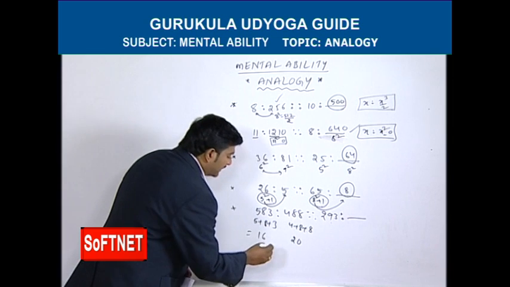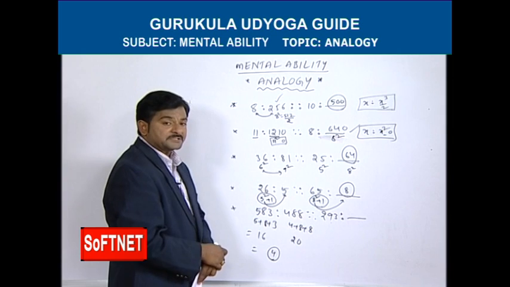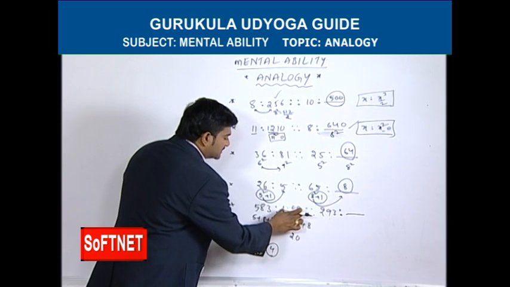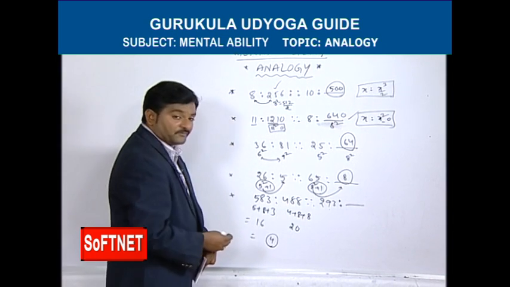The difference between these two numbers is 4. The sum of the digits is 16 here and 20 here, so the gap is 4.